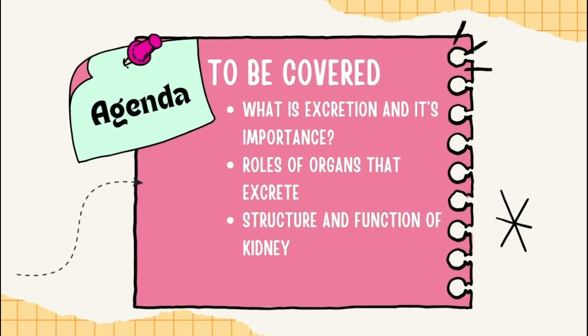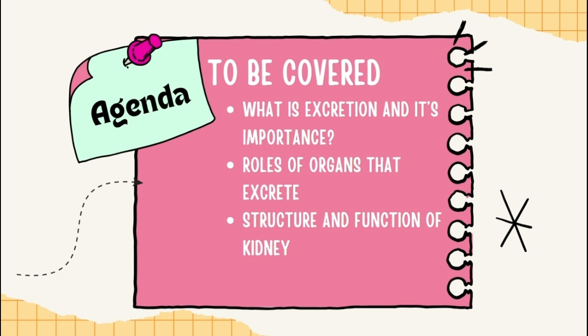We talk about what is excretion and its importance, the roles of the organs that excrete, not secrete, substances in the body. Don't mix up secrete and excrete. When something excretes, we're talking about waste. Just keep that in mind, waste we're trying to get rid of.